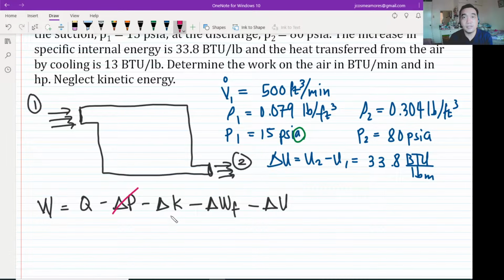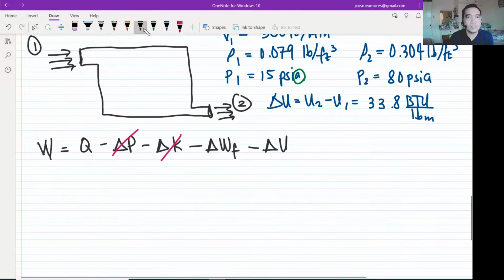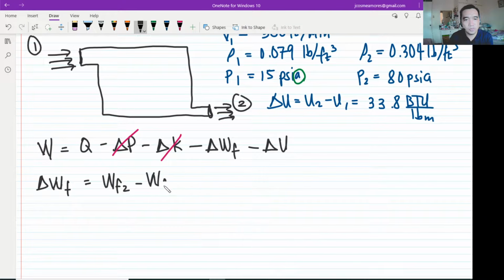We could neglect that, and we can also neglect the kinetic energy. So we just have the change in flow work and the change in internal energy. The term that we will solve here is simply the change in flow work, which is flow work 2 minus flow work 1.